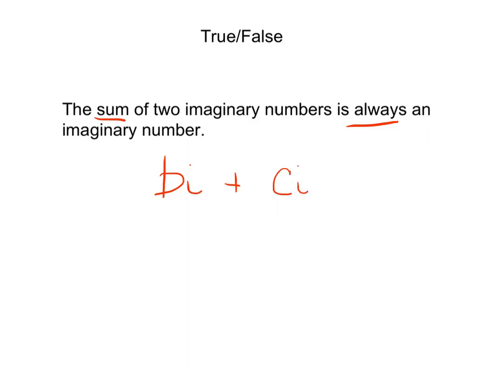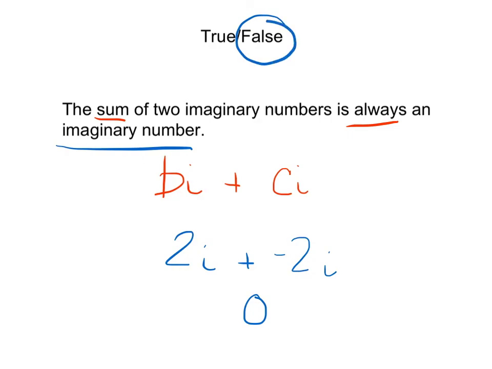And instantly I think, well, there's the case that if I take, say, 2i and I add negative 2i, they're different numbers. b is 2, c is negative 2. I'm adding, the sum of that is 0, which is not an imaginary number. Therefore, I have just proven that this statement is false.